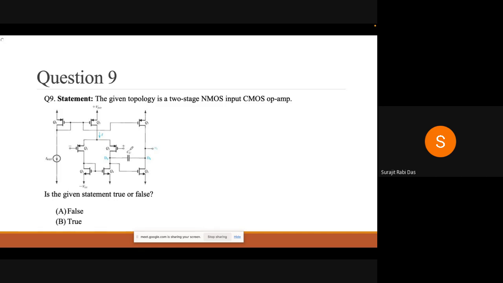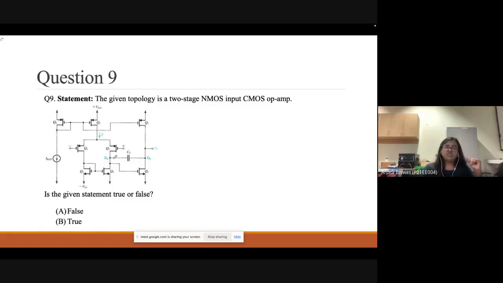But for the first stage here we are taking an unbalanced output because we are taking output from only a single side, and that output is driven to the second stage. So that is not a proper op-amp internal diagram match with this. Yes, the right option is false.